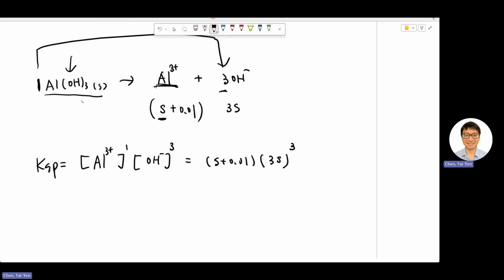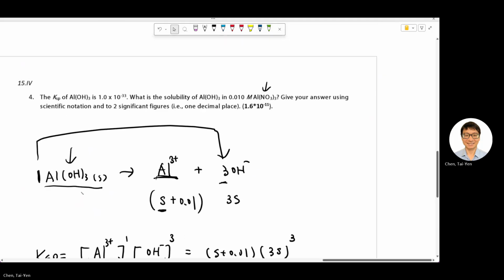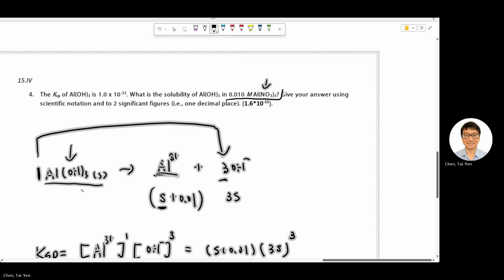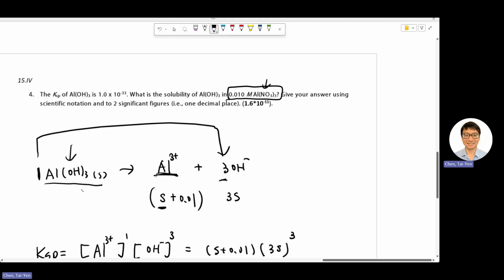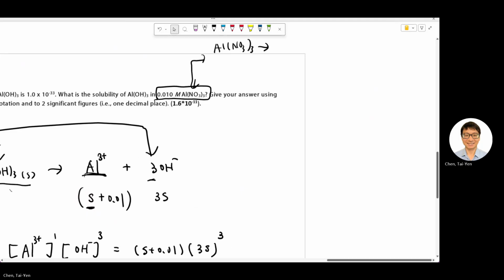So where does the 0.01 come from? It comes from this guy, right? So what would you write once your Al(NO3)3 dissociates? Can you write Al3+ plus 3NO3-? I assume everybody can do this.